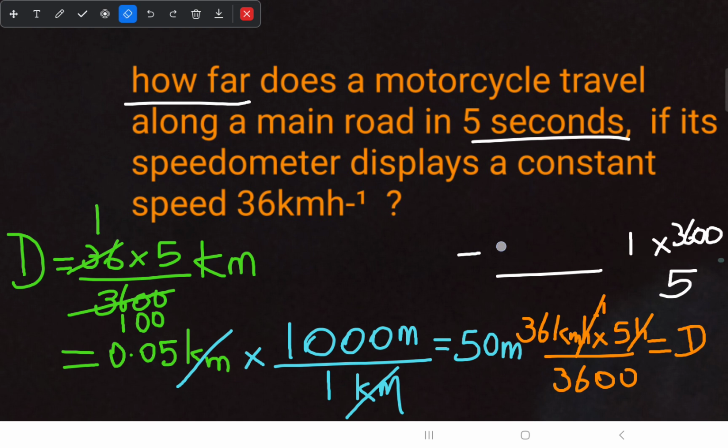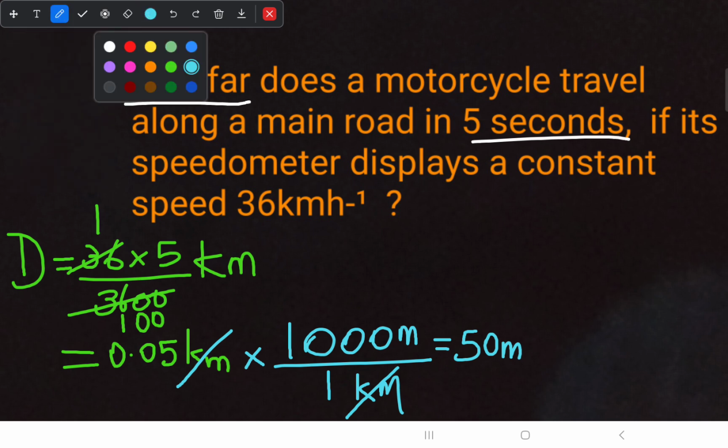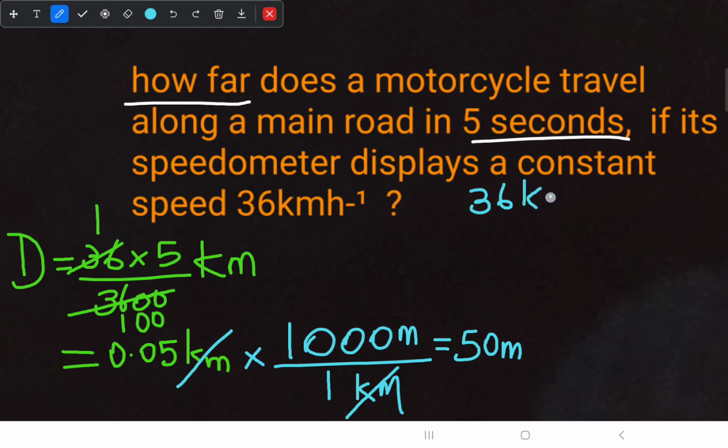Another method means one that is much easier than this. In that case, we are not going to change our time from seconds to hours. We are going to change our speed. Speed is 36 kilometer per hour, and we are going to change this to meter per second.